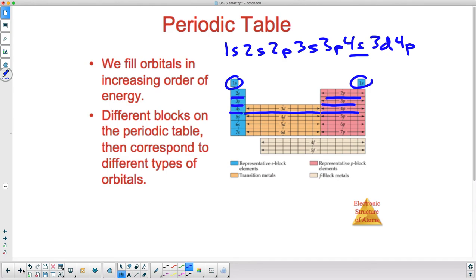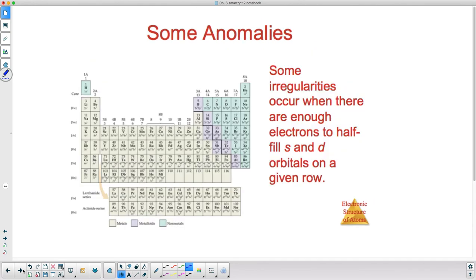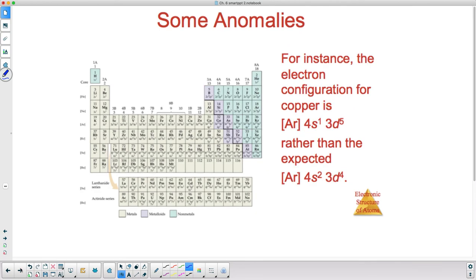Okay, let's keep going. Some anomalies. Some irregularities occur when there are enough electrons to half-fill s and d orbitals on a given row. We'll talk about that later. I'll show you what's going on with that. For instance, instead of a 4s2, 3d4, you'll see a 4s1, 3d5, and I'll show you exactly how to do that.